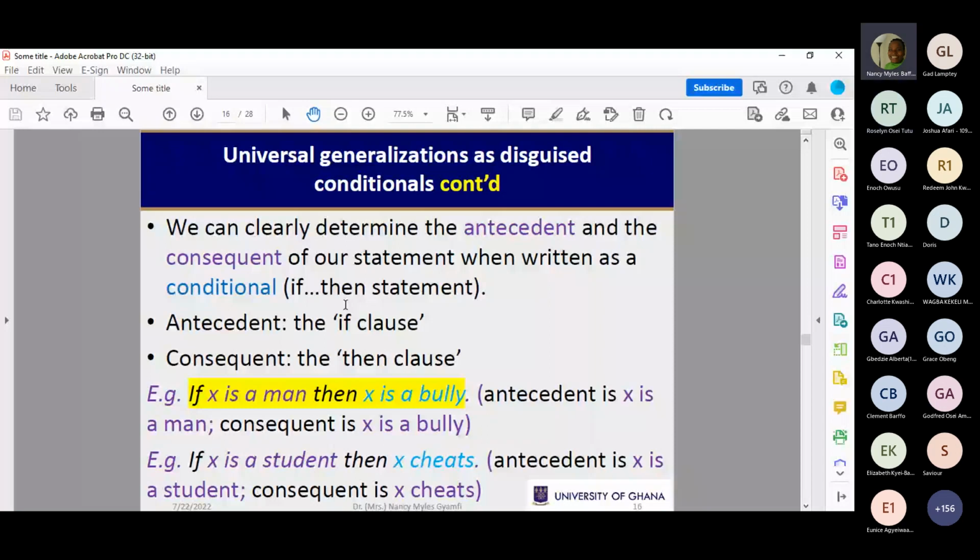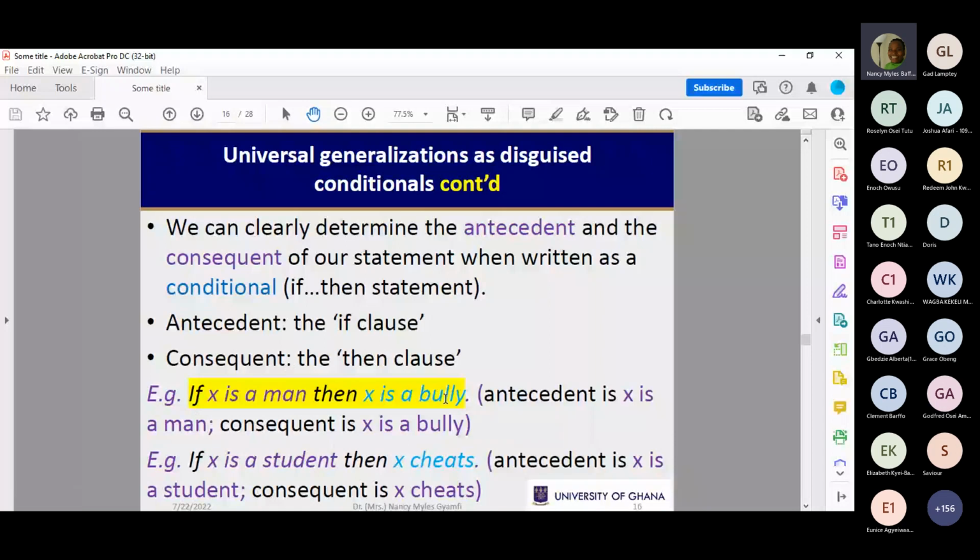When you have a statement that is in the form of all this are that, all men like money, for example, it is actually a conditional like the ones you have seen. It's a conditional. It's only hidden. So you have to open it out to show the antecedent like this and the consequent like that. That is the real work.